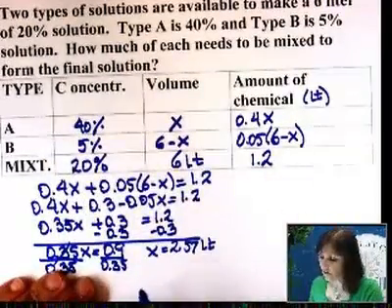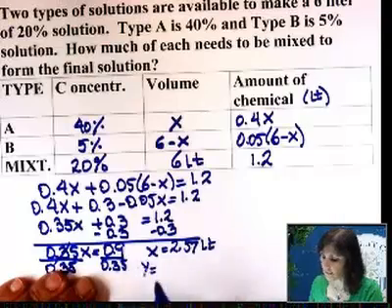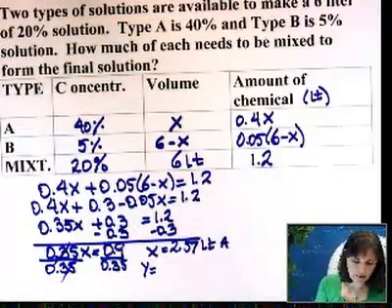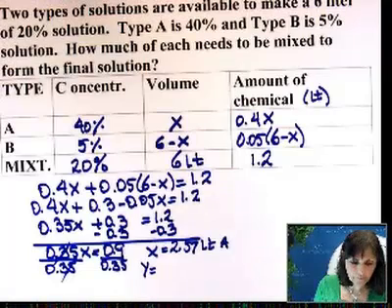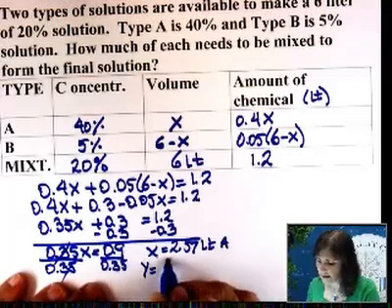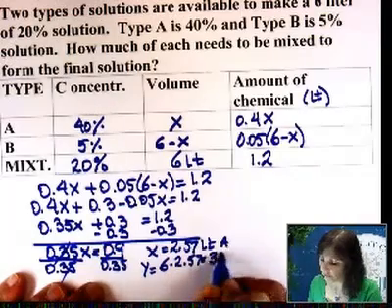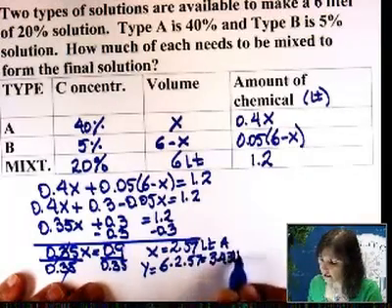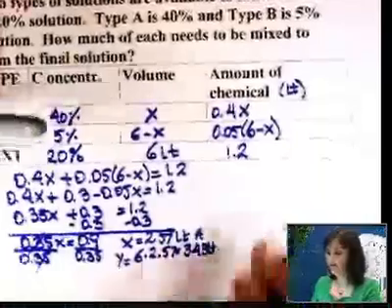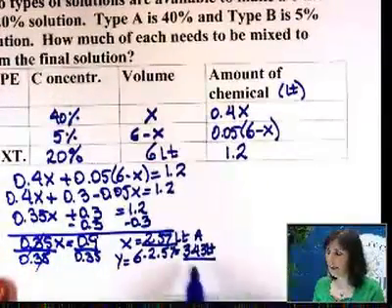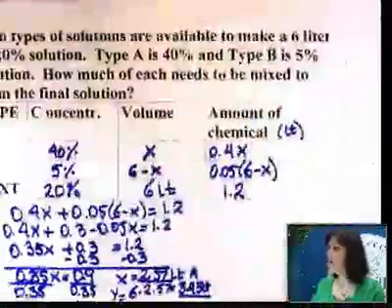And then what will be the other one? This is the A type. The other one will be 6 minus that. 6 minus 2.57 is simply 3.43. So you have 2.57 of one type, 3.43 of the other type, and they add up to 6 liters.